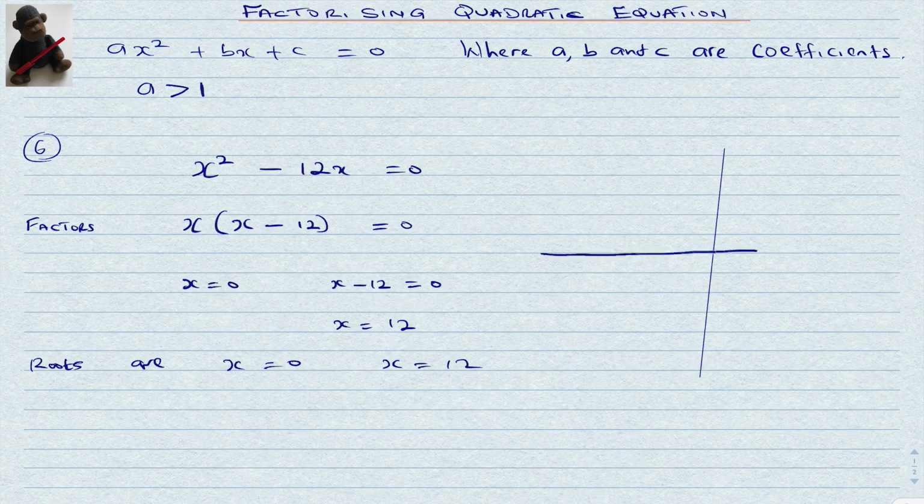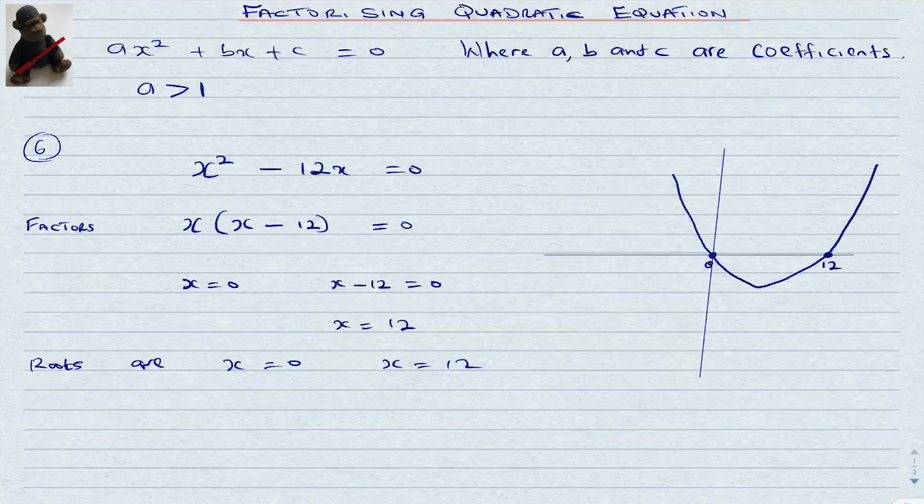When x equals 0 is one root, and x equals 12 is another root. And c is 0, so the intercept is 0 on the y-axis, so it just crosses the 0 boundary and it goes all the way there. Not a perfect sketch, but you get the idea.